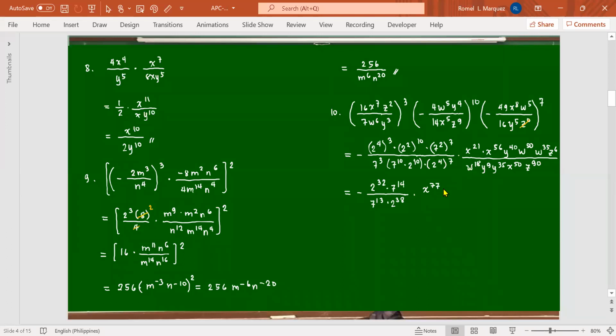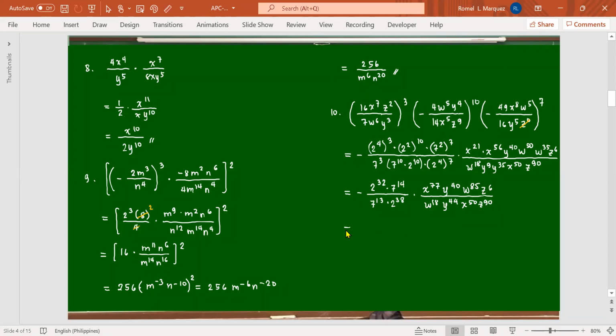What about Y? 40 still. W raised to 85. Z raised to 6, all over the denominator: W raised to 18, Y raised to 44, X raised to 50, Z raised to 90. Am I right, guys?